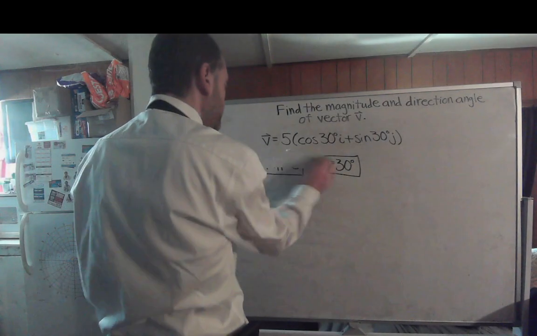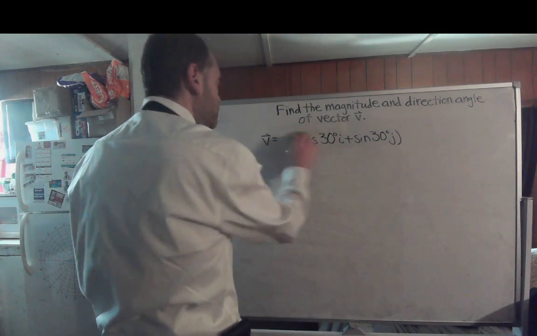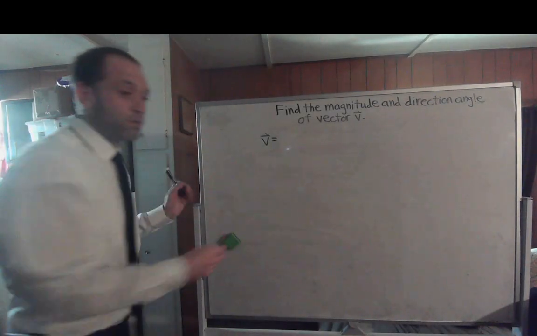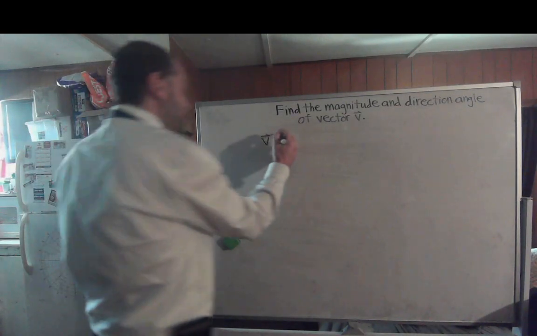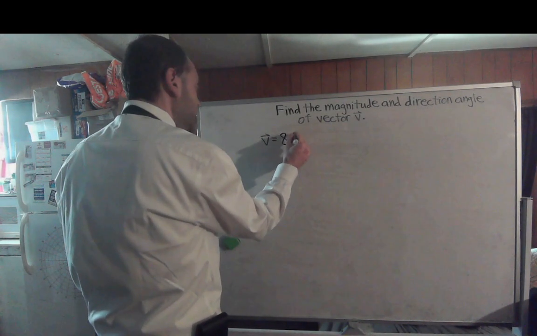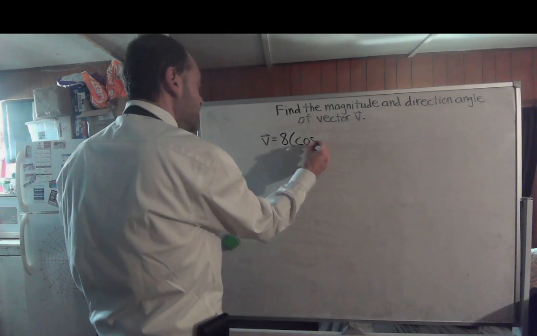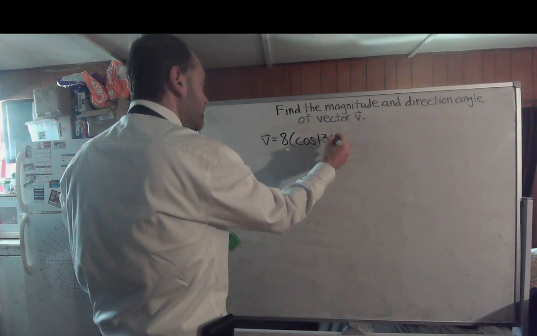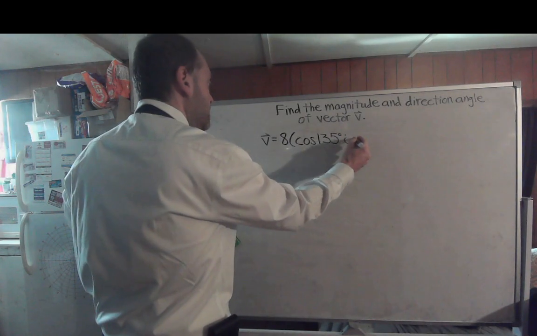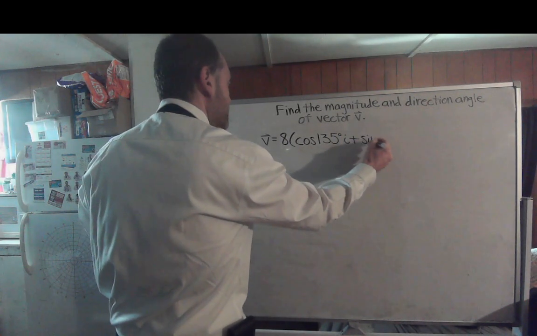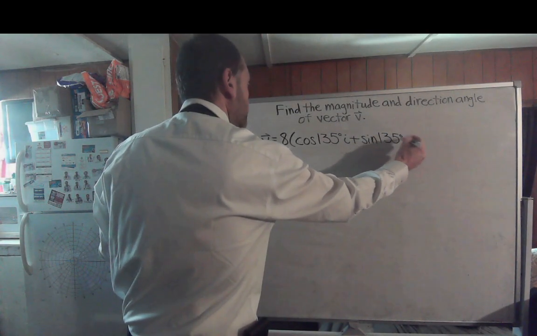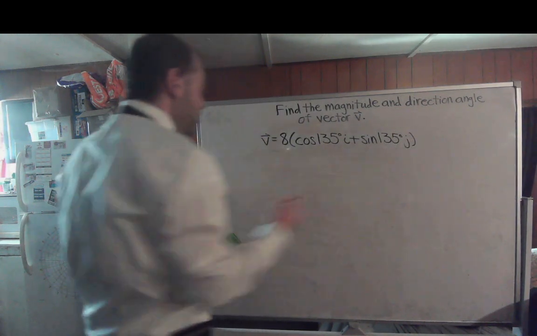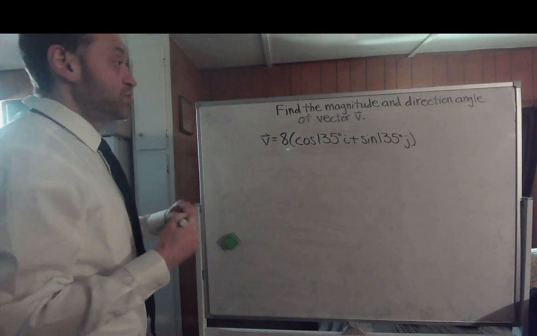Pretty simple there. Let's do one more like this, and then we'll do a few where we have to find both. Now let's say I have 8 times the quantity of the cosine of 135 degrees i plus the sine of 135 degrees j. Find the magnitude and direction angle.